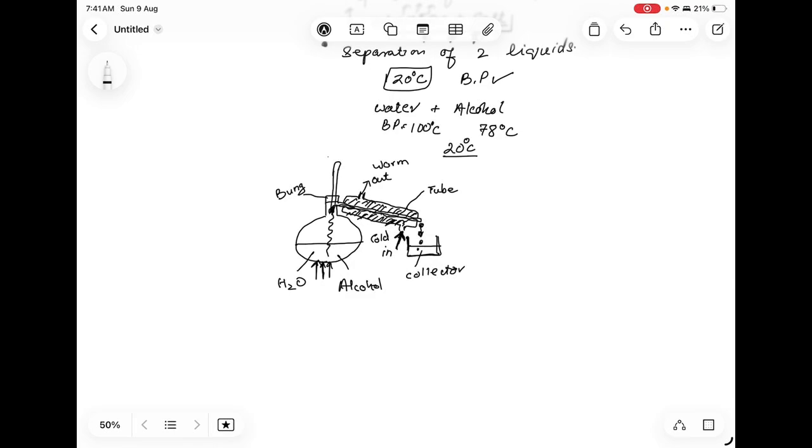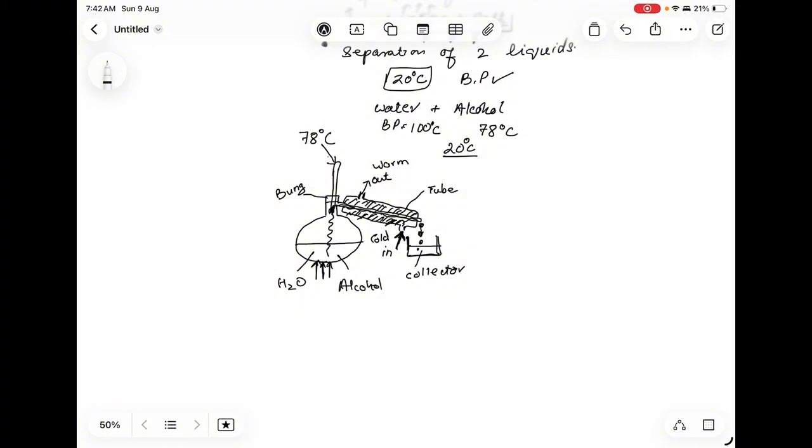Now while you are doing all this, you have to monitor the thermometer. The thermometer is going to tell you that right now the temperature is 78 degrees centigrade.